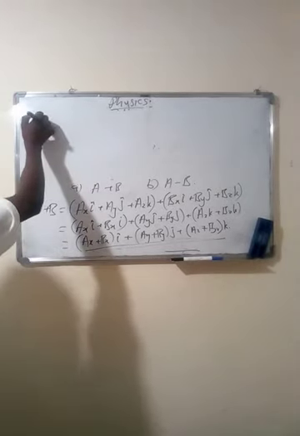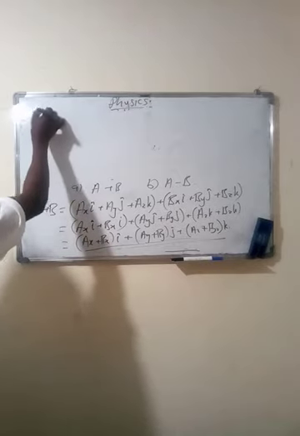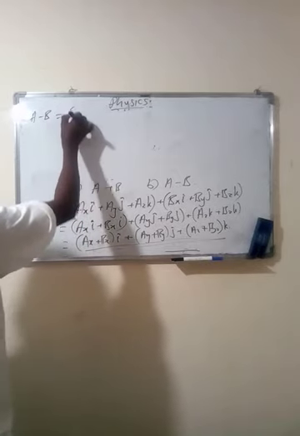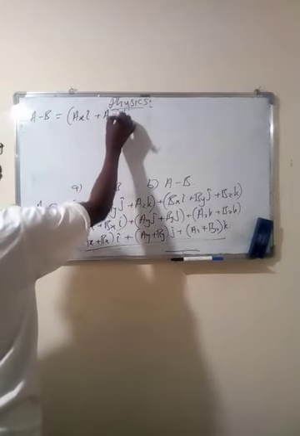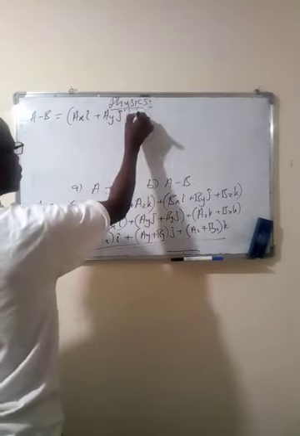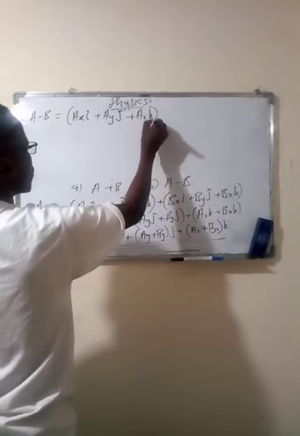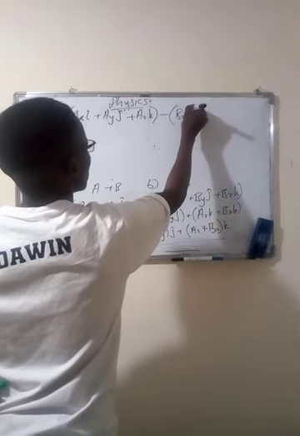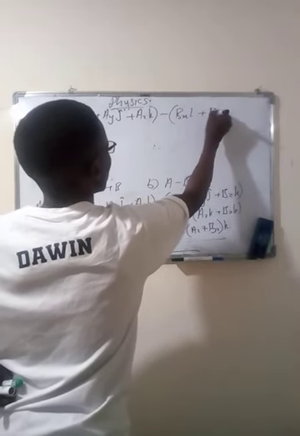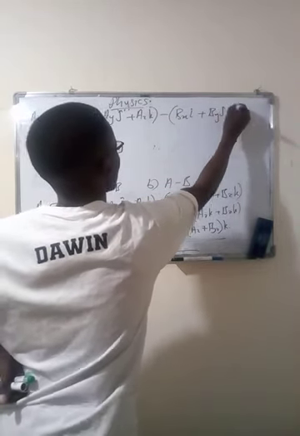Part B says A minus B. So this is going to be equal to AxI plus AyJ plus AzK, then minus (BxI plus ByJ plus BzK).